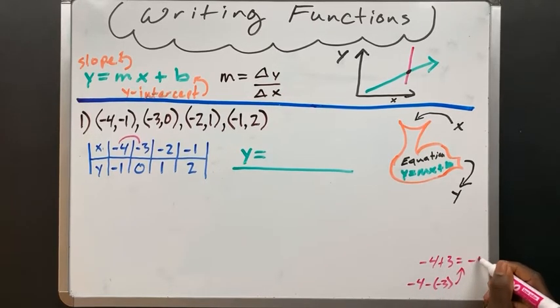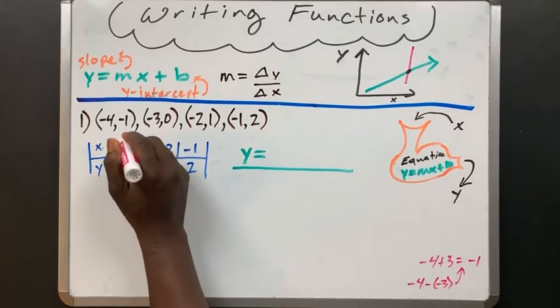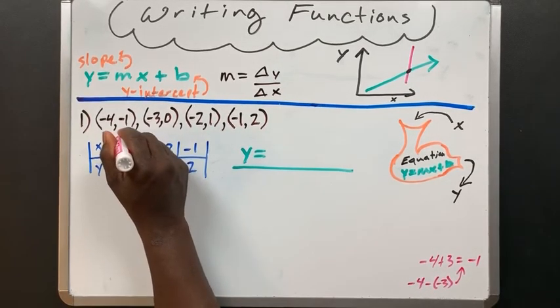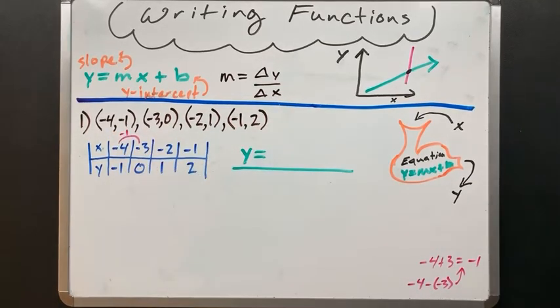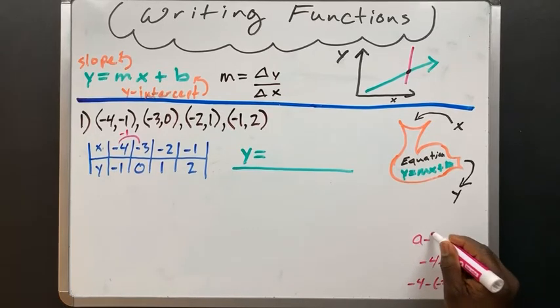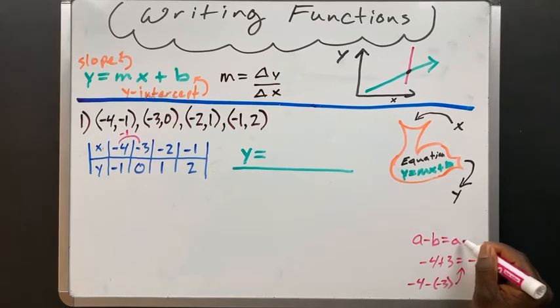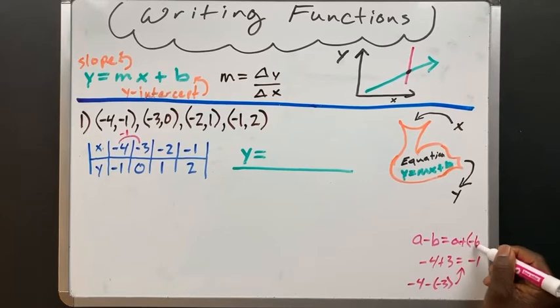That gives you -1. Okay? So right now we see a change from here to here is -1. Remember, change in y. And what I'm using over here is a minus b equals a plus the opposite of b. When you have it in a minus b form, change it to a plus the opposite of b.